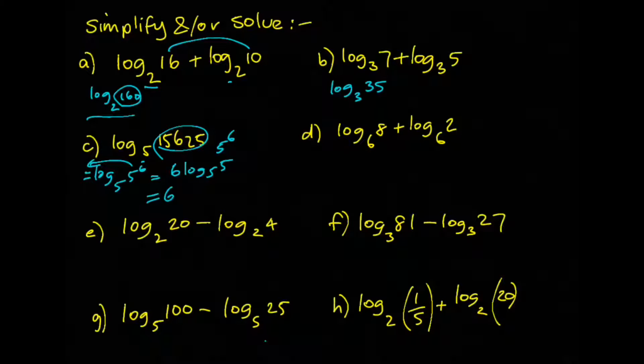Okay, part D. Now again we can break the 8 up as a 2 to the 3 and bring the 3 out the front. But if we do that, we can't use the multiplication rule. And we want to simplify it. So knowing that the bases are the same, we can multiply these two. So we end up with that equals log to base 6 of 16.